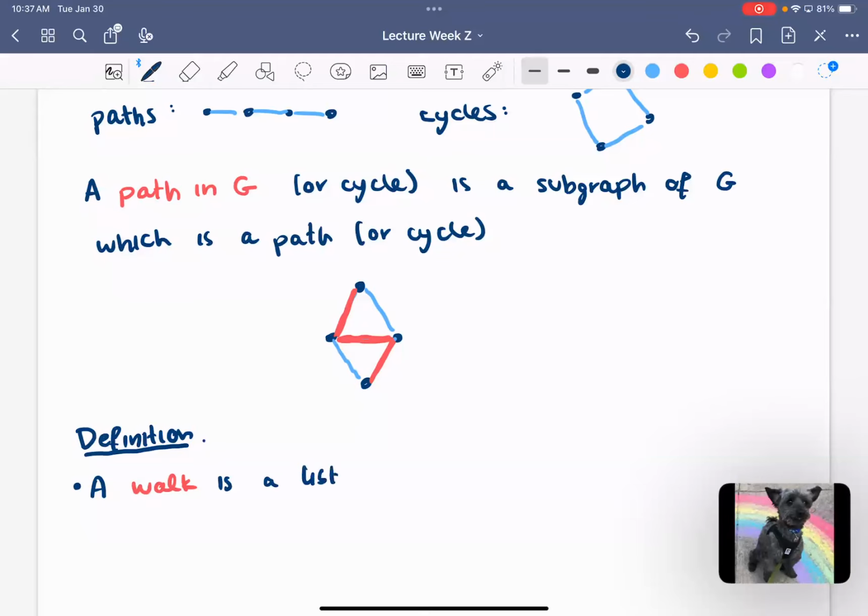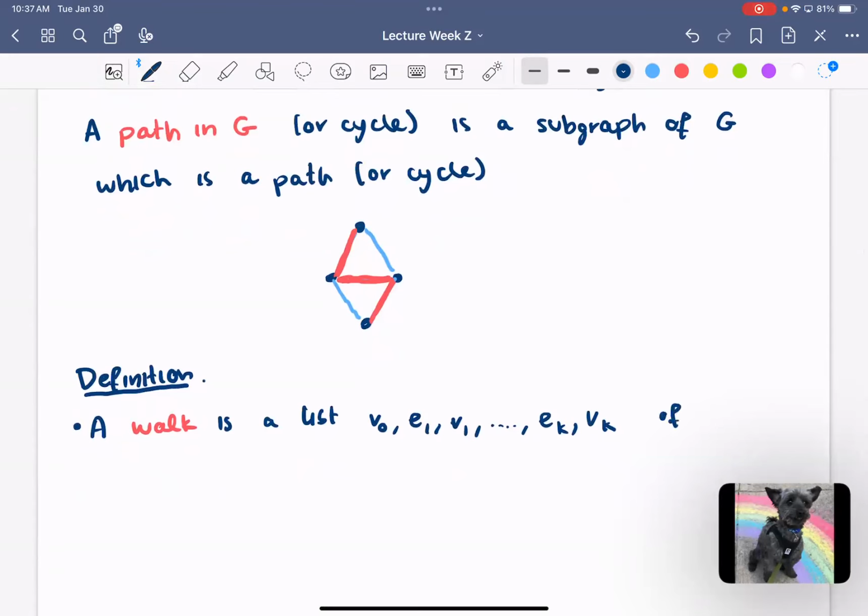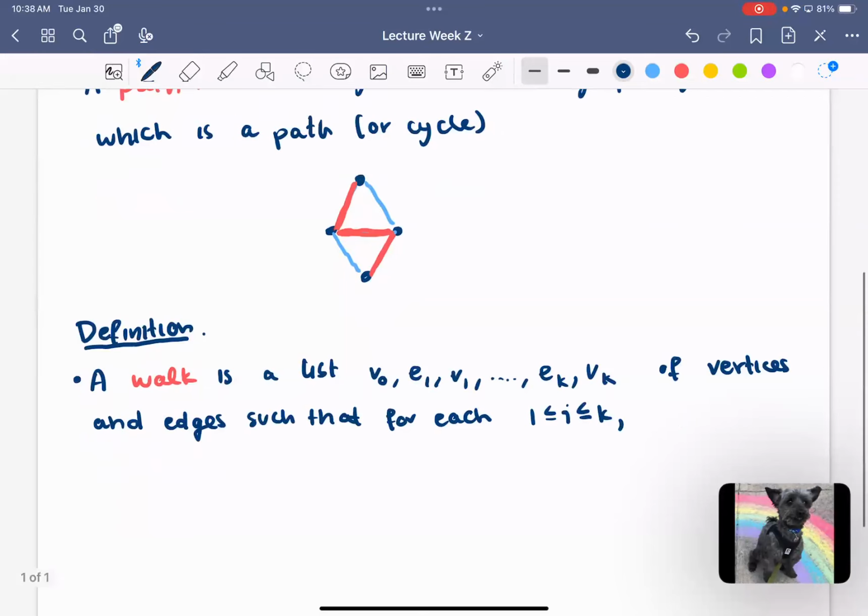So a walk is a list V0, E1, V1, and so on up to EK, VK of vertices and edges such that for each i between 1 and k, the endpoints of the edge E_i are the two vertices that are next to it in the list.